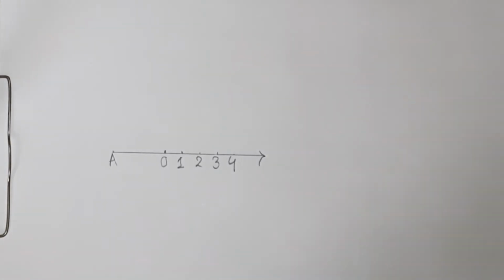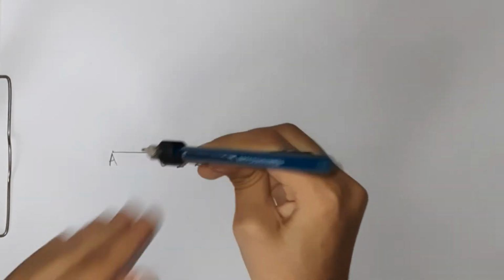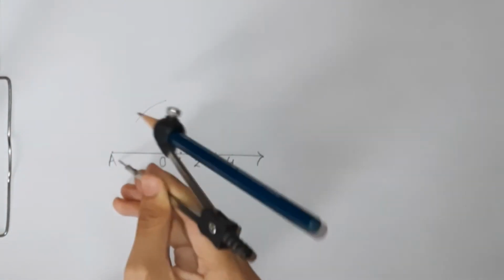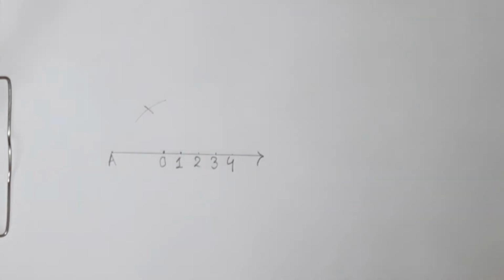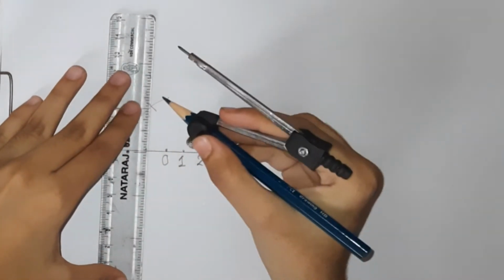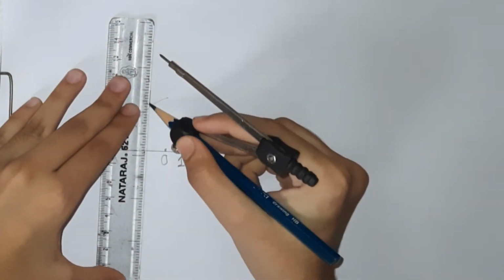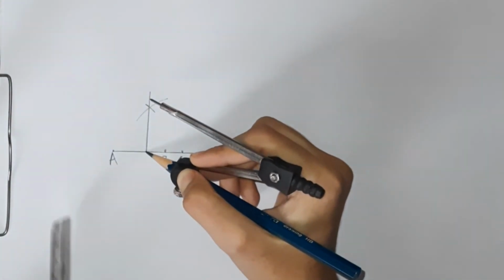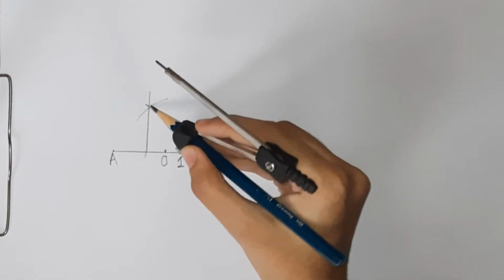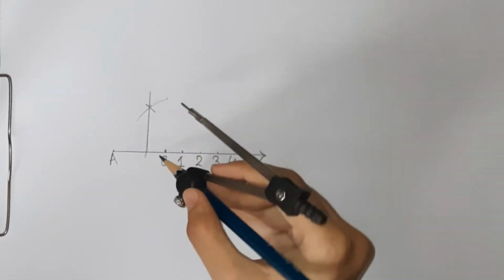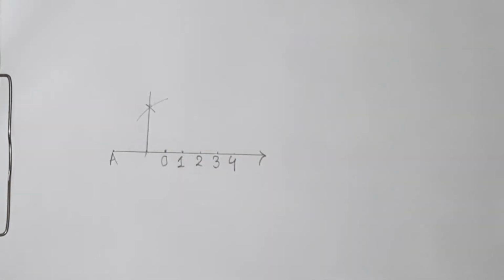Now we are going to find the midpoint of A to 1. We'll make a straight line passing through this. Here at the point at which these two arcs intersect, it will be the midpoint. So we are going to make a straight line which will pass through this number line. So this is the midpoint.